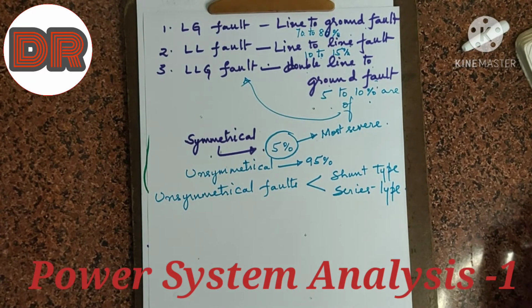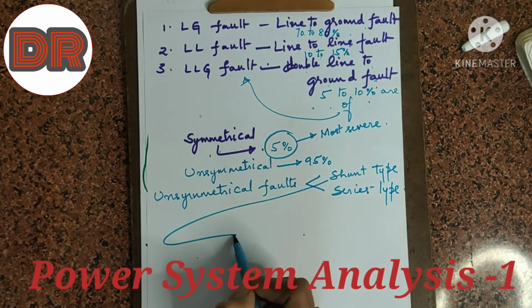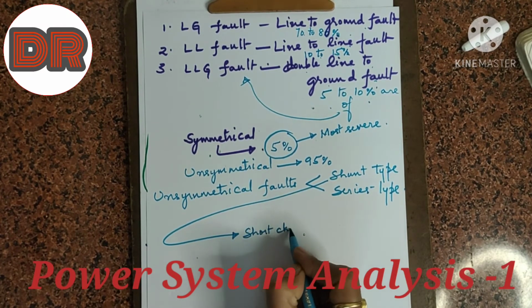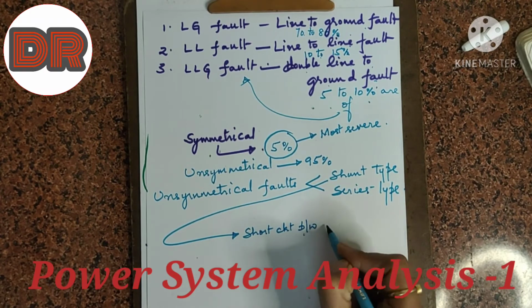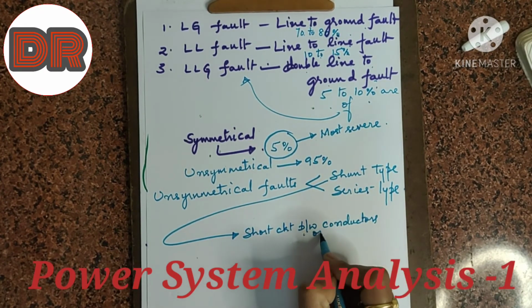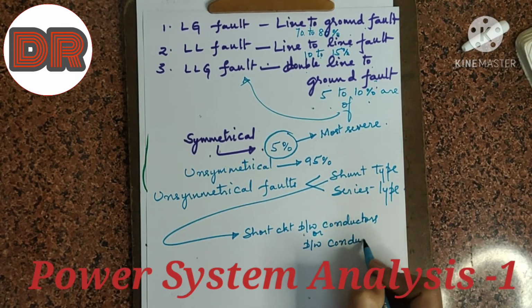Shunt type of faults involve short circuit between conductors or between the conductors and a ground. So what is shunt? Shunt type is short circuit between conductors or between conductor and ground.